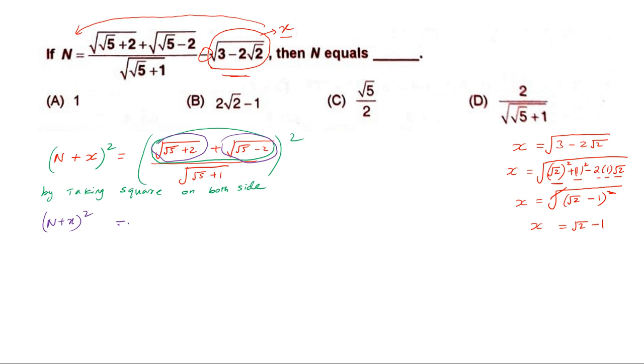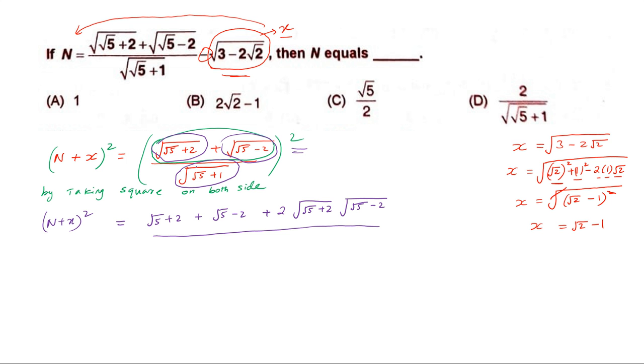This a plus b whole square we can write as a square plus b square plus 2 into a into b. That is root 5 plus 2 plus root 5 minus 2 plus 2 into root of root 5 plus 2 into root of root 5 minus 2, whole divided by square root of 5 plus 1 squared.